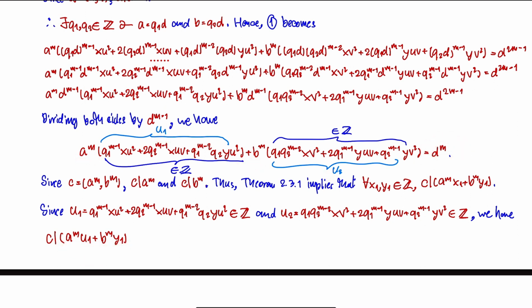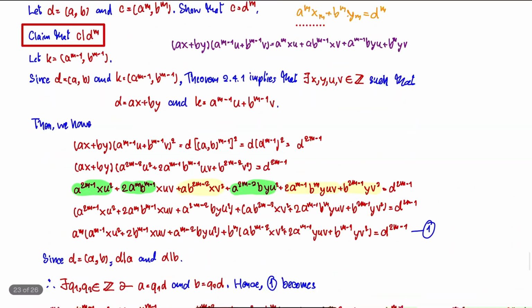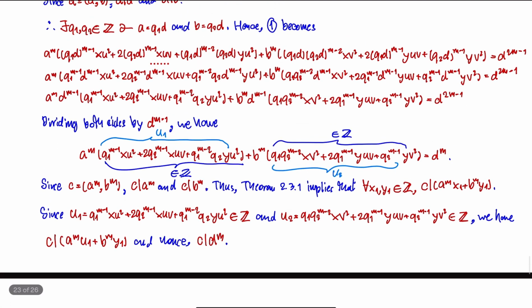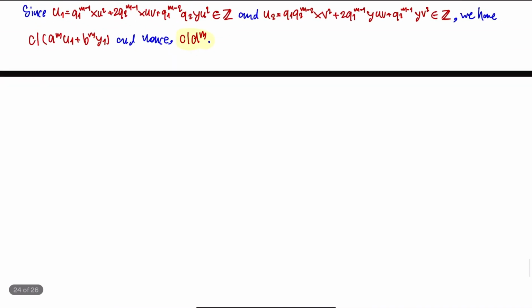Therefore, we're going to have c divides d to the m. So we have just proved this claim already. Wow, it's quite complicated to prove this claim. So let's go to the next page.